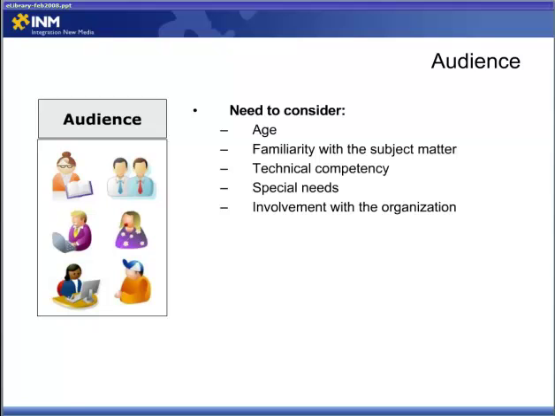The other factor you want to look at is familiarity with the subject matter. So if you're developing an eLibrary with a broad range of users with a broad range of interests, then the structure for your eLibrary may need to provide a little bit of explanation on industry-specific terminology or resources. If it's something that's very targeted and for a group of users that knows the subject matter well, you may be able to forego that.